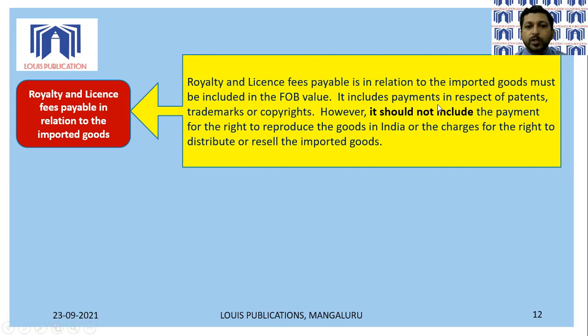It includes payment in respect of patents, trademarks, or copyrights. However, it should not include the payment for the right to reproduce the goods in India, or the charges for the right to redistribute or resell the imported goods.